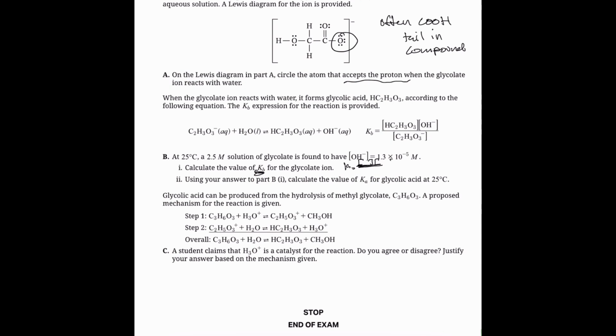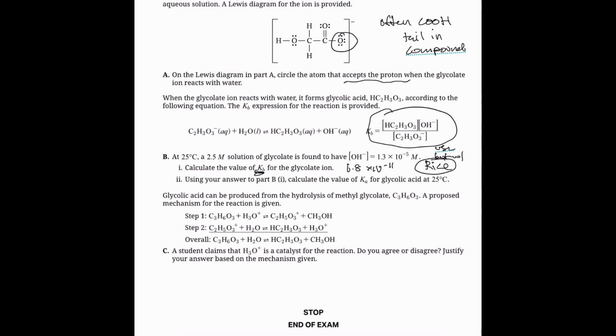I was trying to write the Kb formula, and then I realized they gave it to us, so I don't need that. Anyway, first you need to use a RICE table to find that, which I can't really fit on here. So use a RICE table, which is the reaction, then the initial concentrations, and then the rest. And you get a Kb of 6.8 times 10 to the negative 11 after plugging those concentrations into the Kb equation.